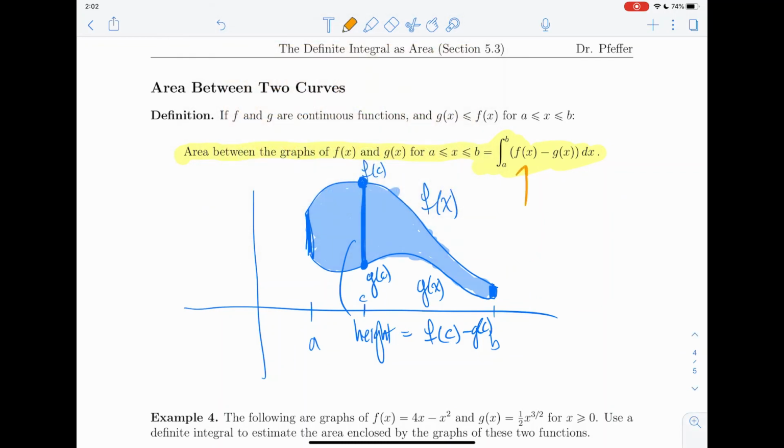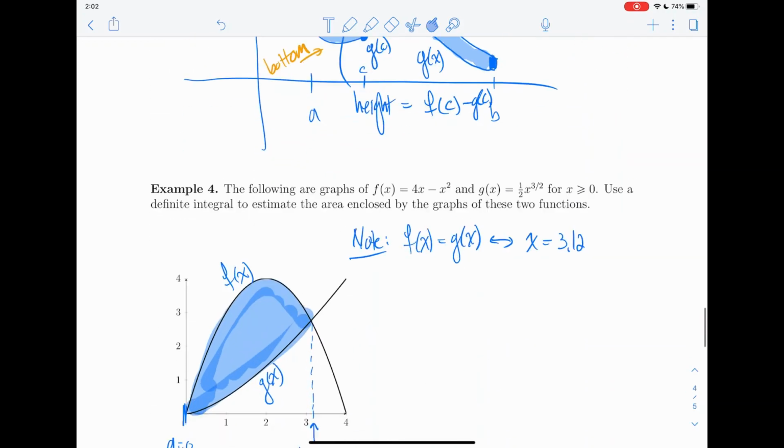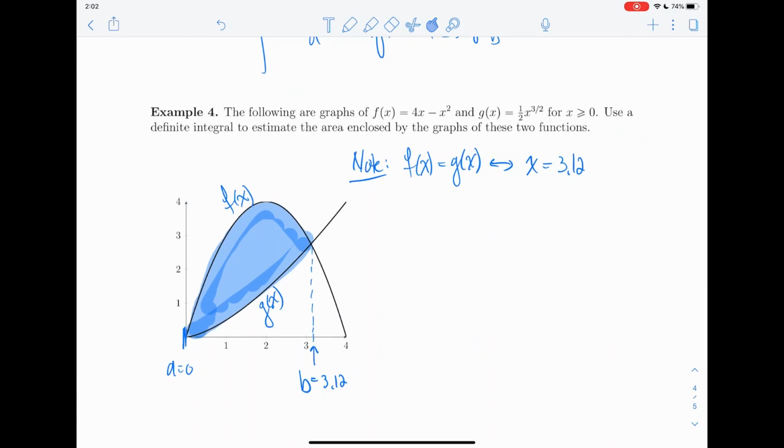It's always the top function minus the bottom function, where you'll notice that this is the top function and this is the bottom function. It is important to note which one comes first. So in this case, again, the top function is f and the bottom function is g.